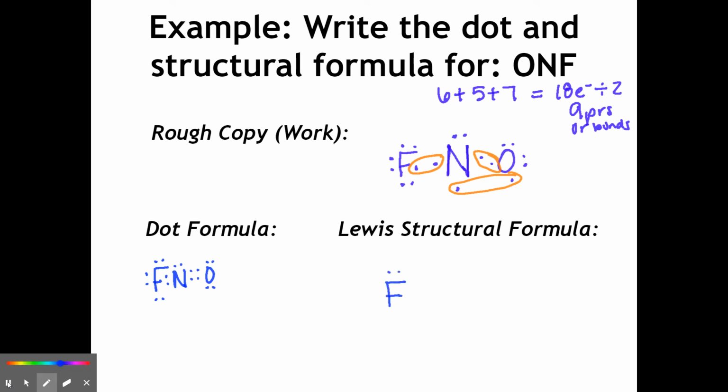So I have my F with 1 line to the N. Its unshared pair of electrons on top. Then between my O and my N, there are 2 circles. So I draw 2 bond lines and my 2 unshared pairs of electrons.